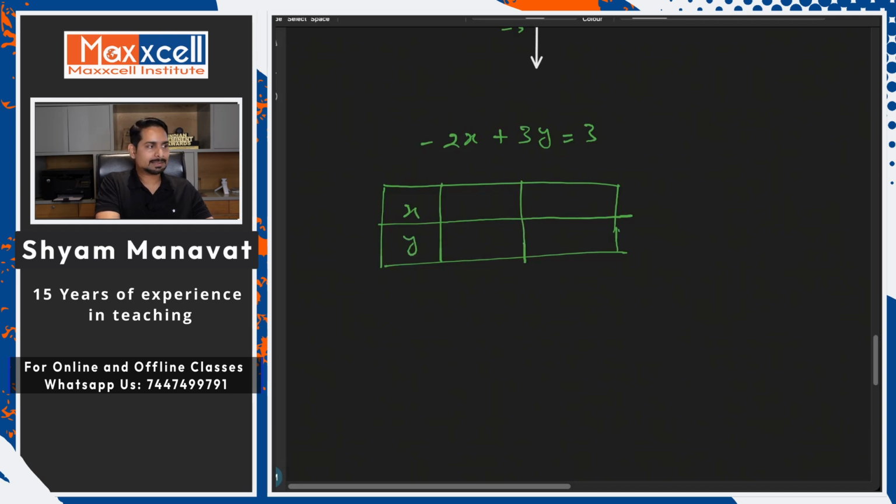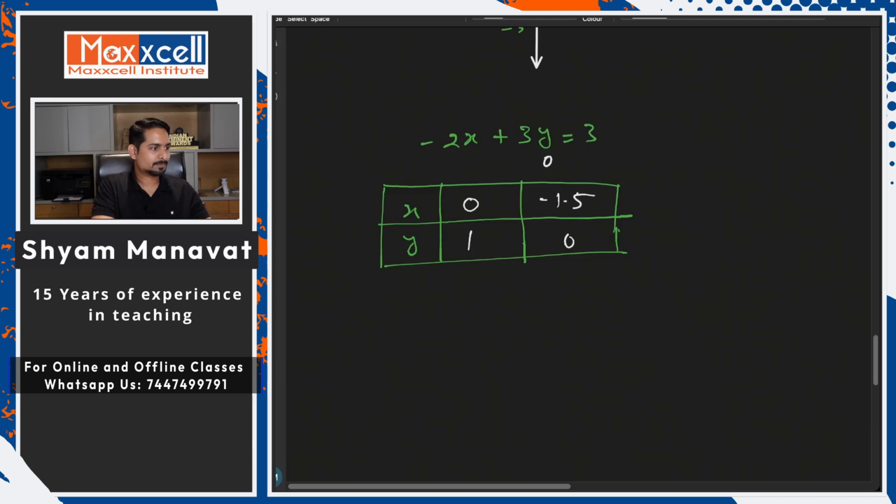So if I substitute x is equal to 0 here, what will I have? 3y equal to 3, then y will be equal to 1, correct? And if I take y equal to 0, then 3 into 0 is 0, so minus 2x equal to 3. In that case, x is equal to 3 upon minus 2, that means minus 1.5.